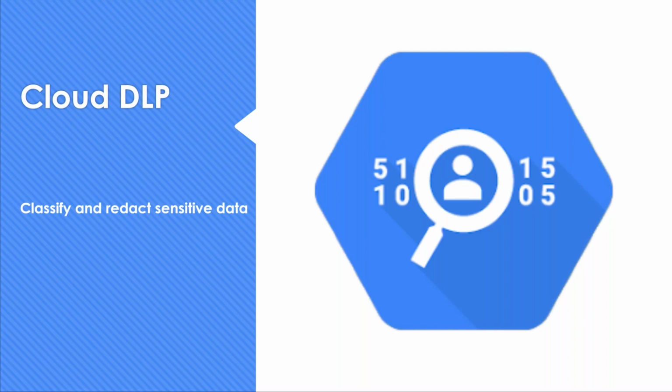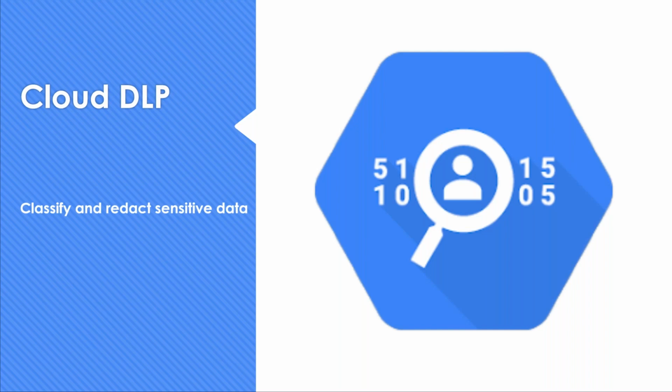What is redact? So if you have a credit card number, a 16-digit number, where the first 12 digits should be masked, dot dot dot dot or star star star star, that's redacting your sensitive information. And you should also be able to classify it, whether it's sensitive data or non-sensitive data.